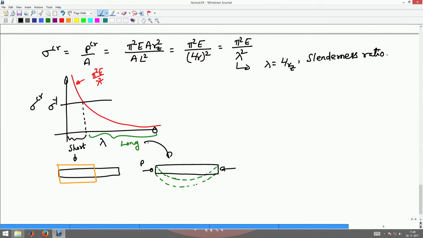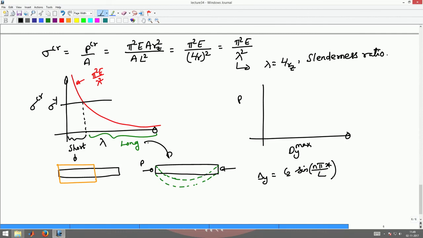Now, in all this, if I were to look at the load versus delta y max, what will this curve look like? We found that delta y is given by C2 sin(n pi x by L).